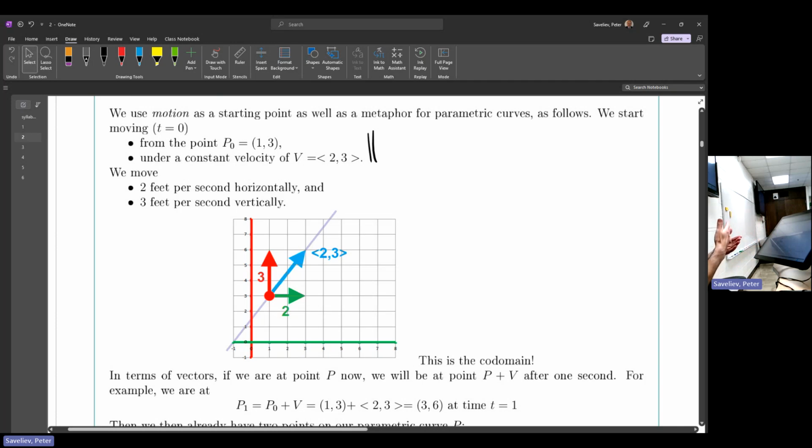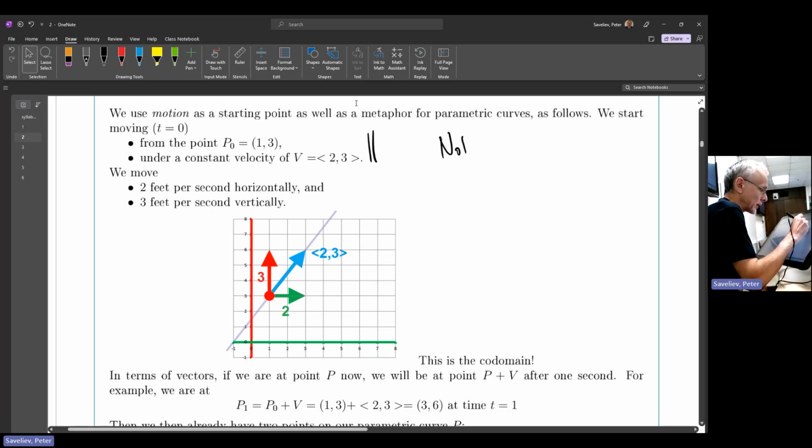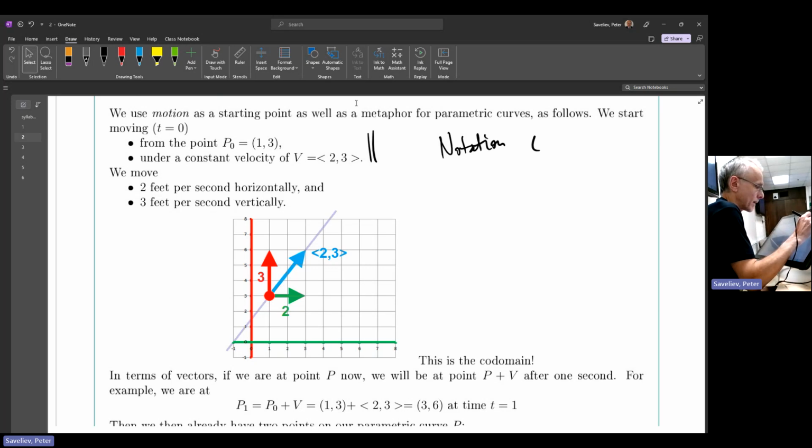Naturally, once we determine what was happening in the horizontal and vertical directions, then we can describe motion in its entirety if we like. But let's look at the vectors nonetheless. So if P naught is our original location (1, 3), and notice, by the way, the notation: (1, 3) with round brackets is a point, and ⟨2, 3⟩ with triangular brackets is a vector.